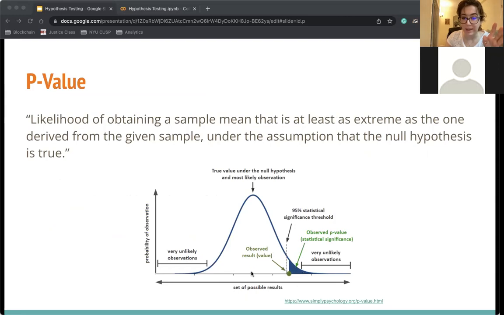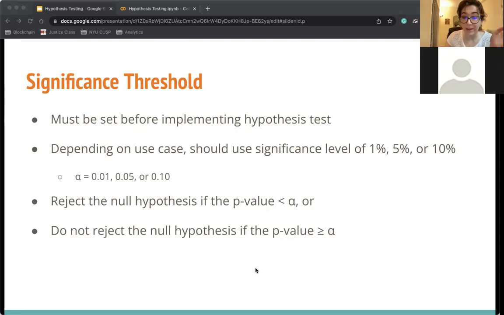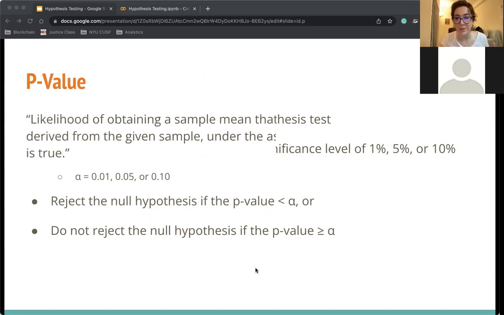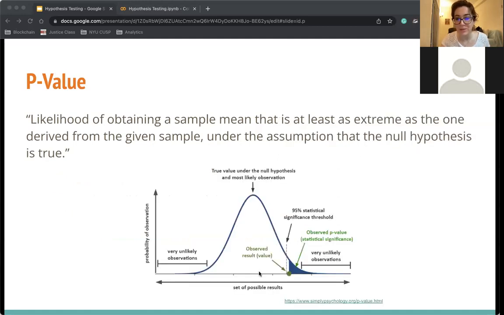And therefore, we fail to reject the null hypothesis, saying that this piece of evidence was not extreme enough to reject it. You could say we fail to reject the null hypothesis because the probability of seeing this value was pretty common. It wasn't extreme enough because it fell under this area of the curve and not in this dark blue side, so it did not pass our statistical significance level.